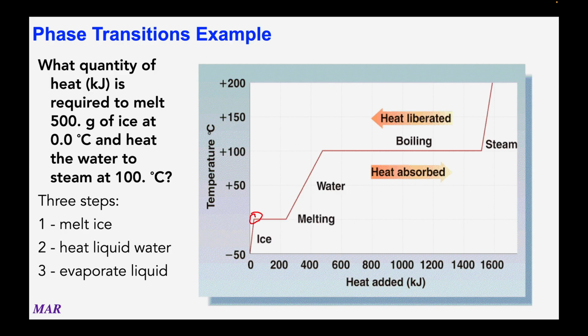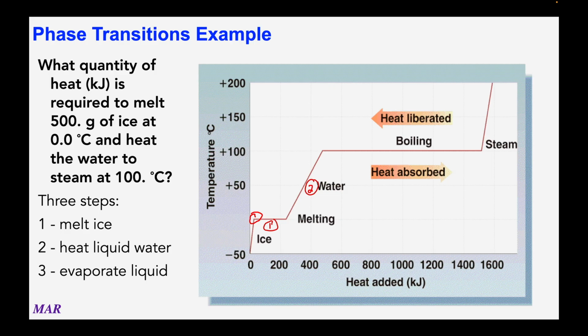First of all, we're starting at ice at 0 degrees Celsius. And the first part we're going to do, I'll call it number 1, we're going to melt the ice. We're going to turn that ice into a liquid. That's going to be the mass of the object times one of those delta H things. And that's going to allow us to calculate Q, the energy required. And then the second part is on this kind of diagonal line right here.